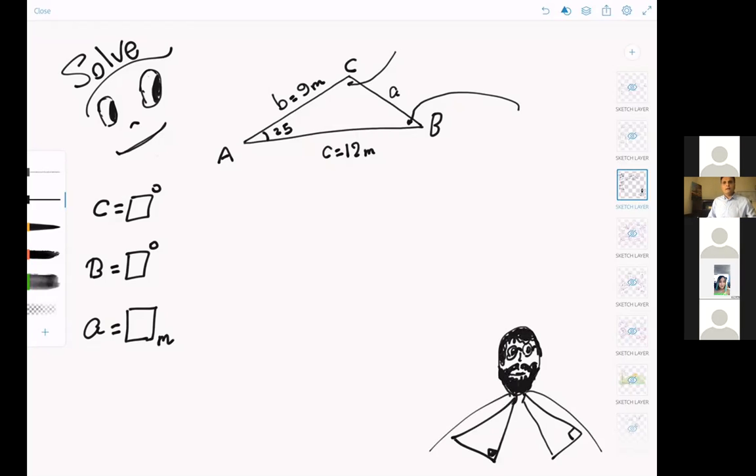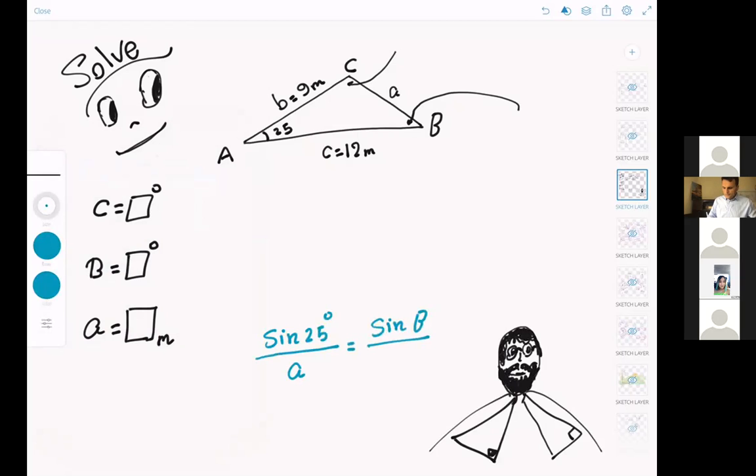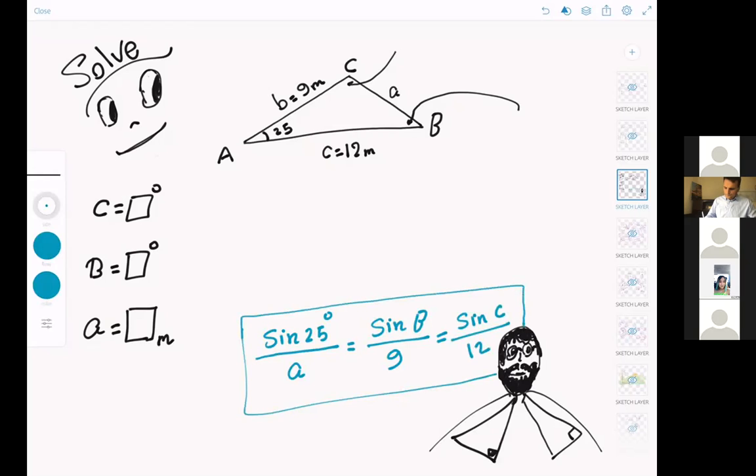Let's do the law of sine. We have sine of 25 degrees over A equal to sine of B degrees over 9 equal to sine of C over 12. So this is the law of sine, almost next to the Pythagorean guy.